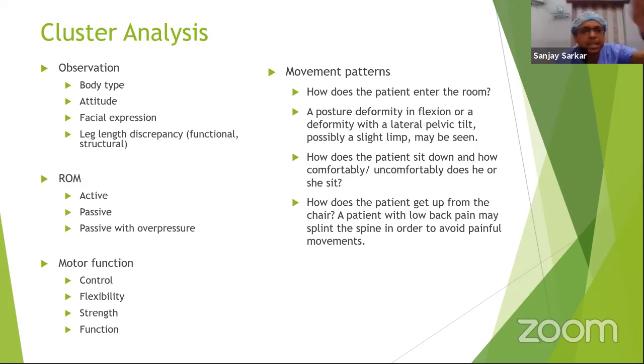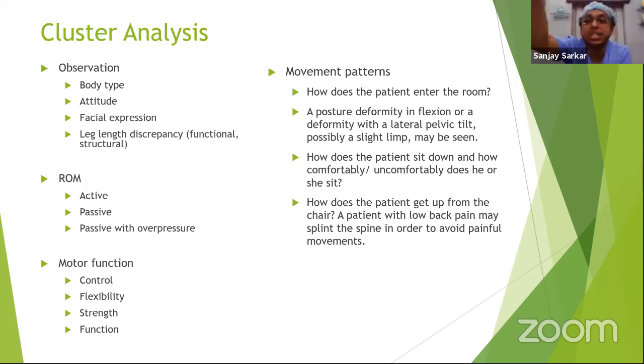So you are observing the body type, facial expression, and all the stuff, range of motion when you are doing it actively, passively, passive with overpressures. Motor function is where you are checking for flexibility, strength, and certainly function. Now, when I talk about function, I am not talking about just reaching the ground, forward bending and backward bending. I actually give them a task. Maybe the task is to pick up something from the floor.